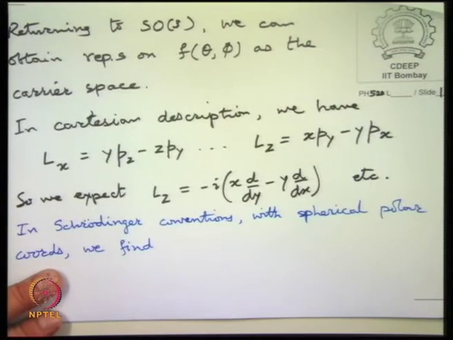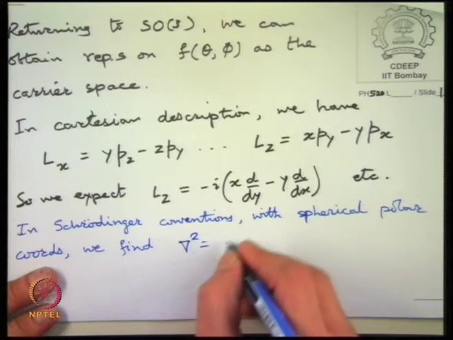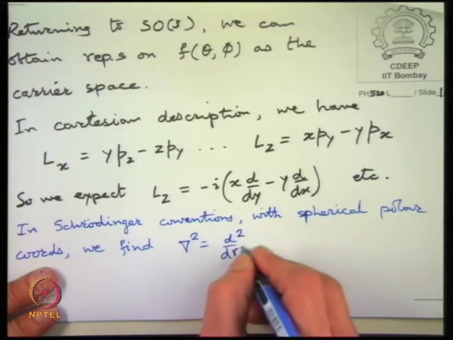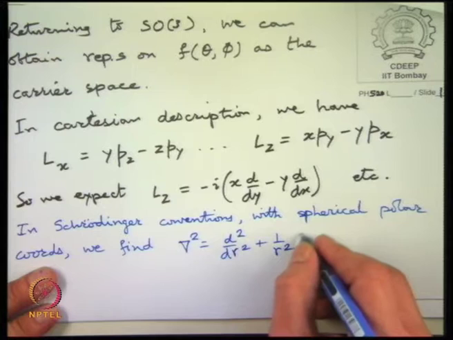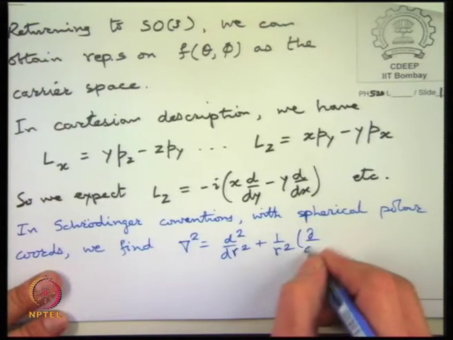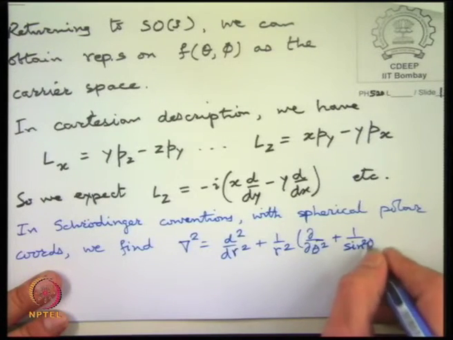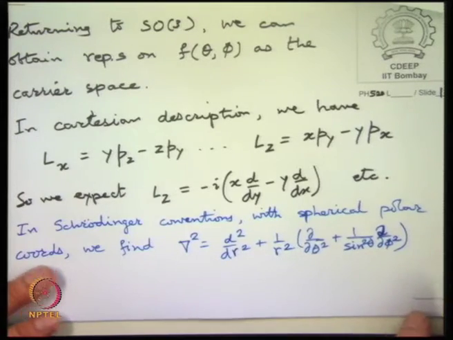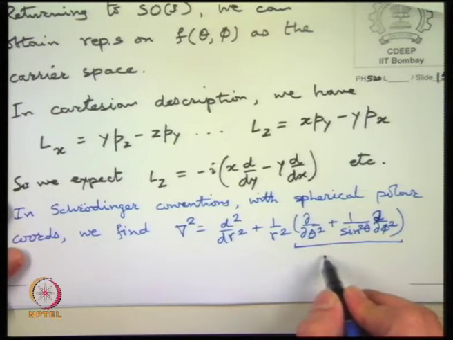So we have the Laplacian operator, which can be broken up into d square dr square plus one over r square times an angular part, and this acts as j squared or L squared.